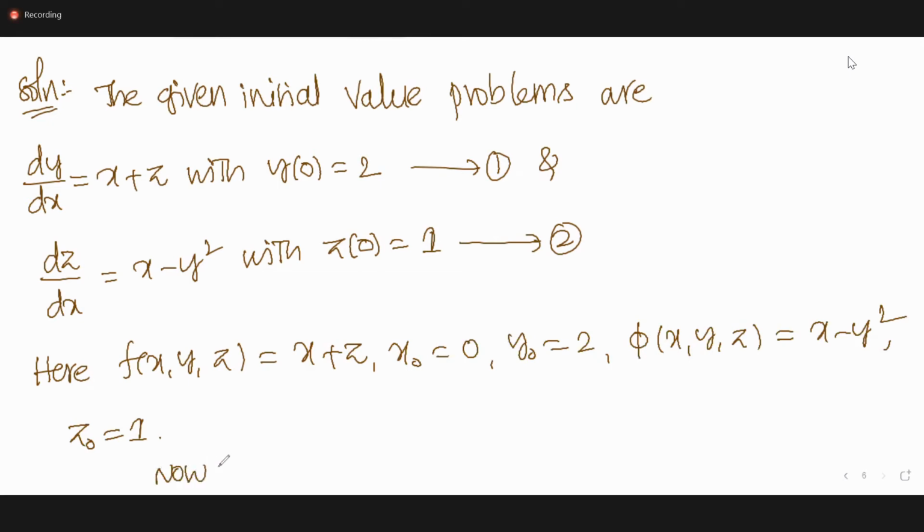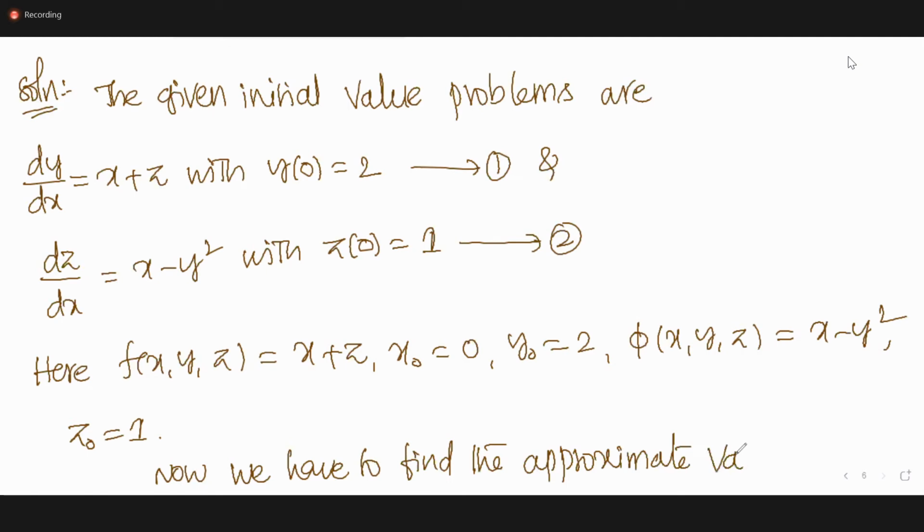Now we have to find the approximate values of y and z at x is equal to 0.1 and x is equal to 0.2.